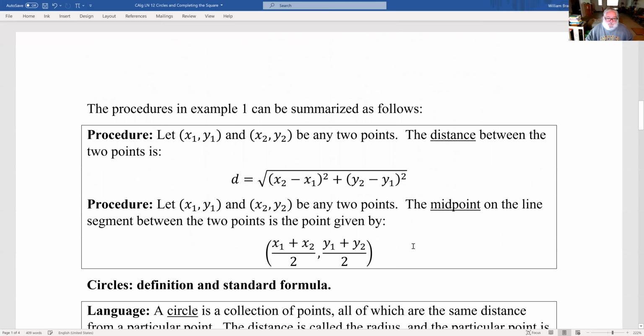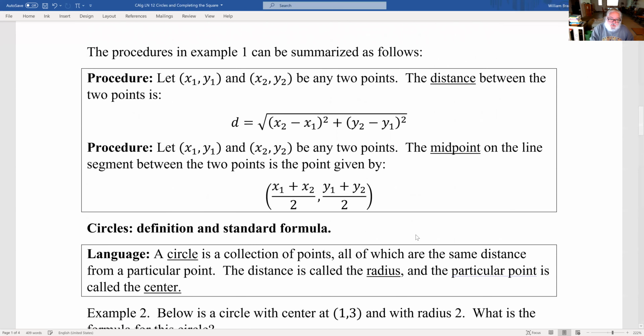So the distance between 2 points, difference in the x coordinates squared plus difference in the y coordinates squared. This is Pythagoras' theorem. The midpoint is take the average of the x coordinates and the average of the y coordinates, and that gives you the midpoint.